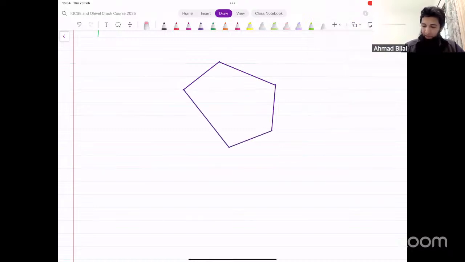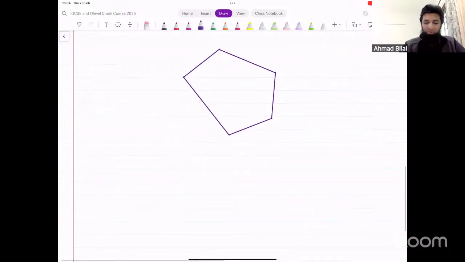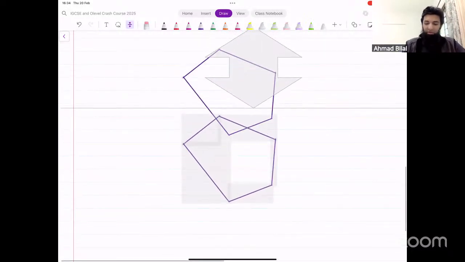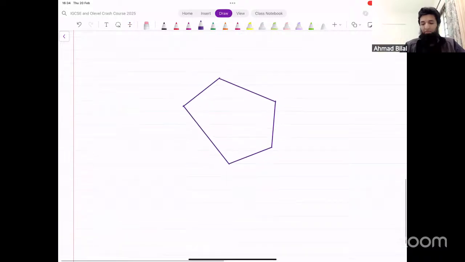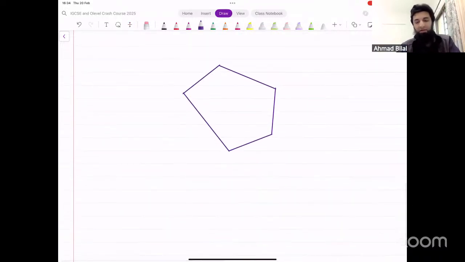Okay. Now it's a five-sided figure. It's not a regular polygon. It's just a random pentagon, right? It does not have all sides equal or all angles equal. Now in this pentagon, we have these five vertices. A, B, C, D, E. These are called vertices of the polygon.